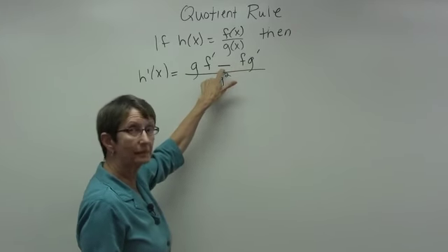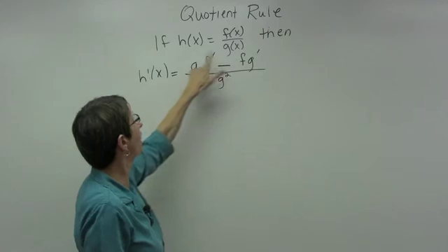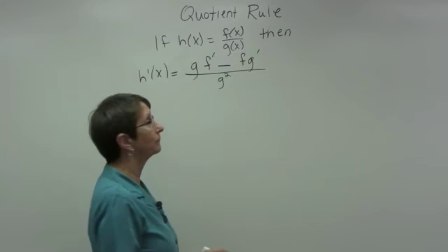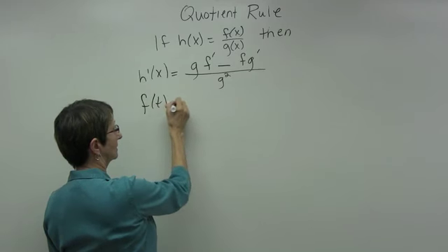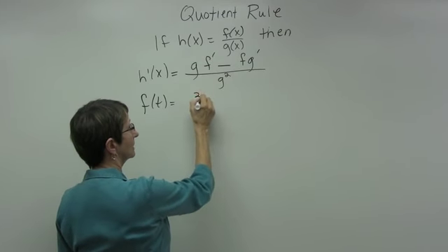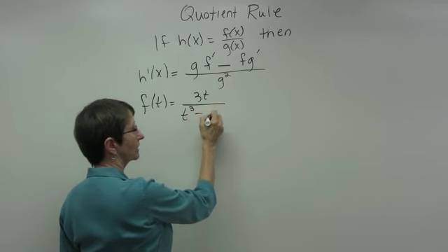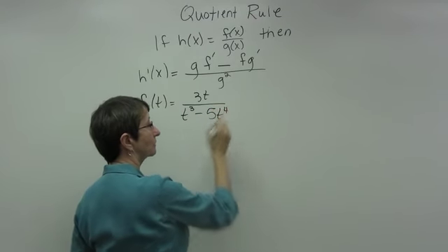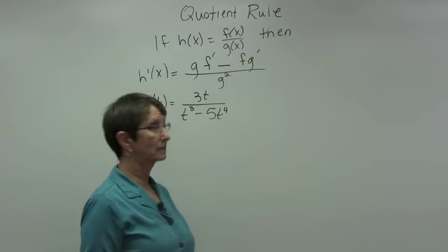This, because it is subtracted, has to be done in this order. So it has to start off with g and then f prime. Let's look at the function f of t equal to 3t over t to the third minus 5t to the fourth. We want to find f prime.